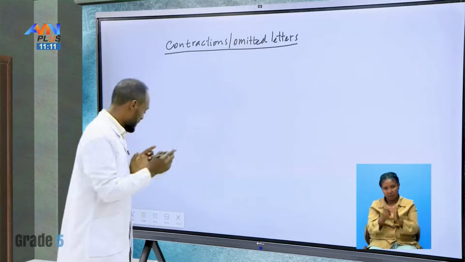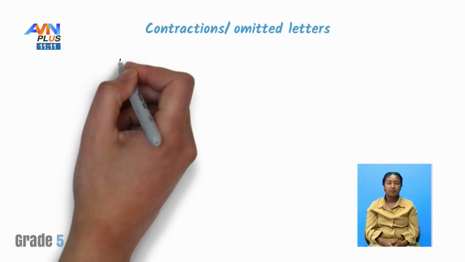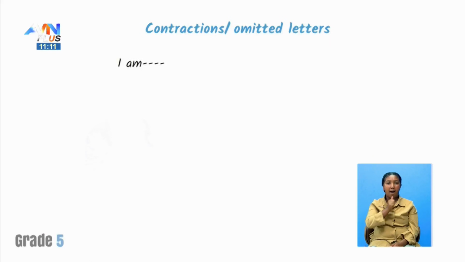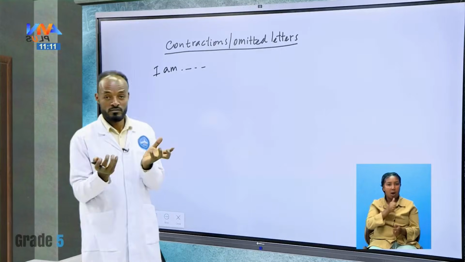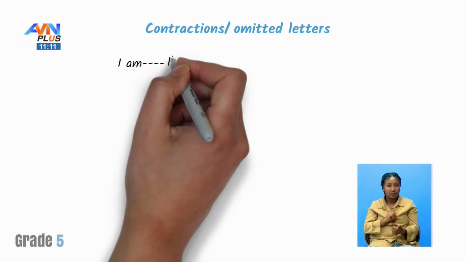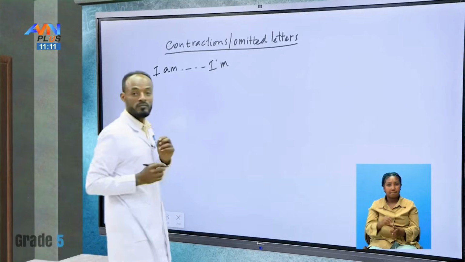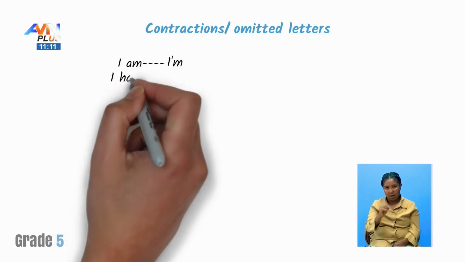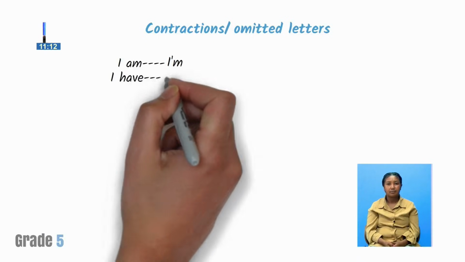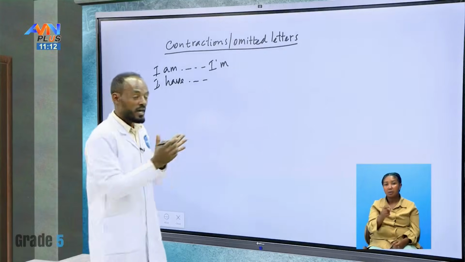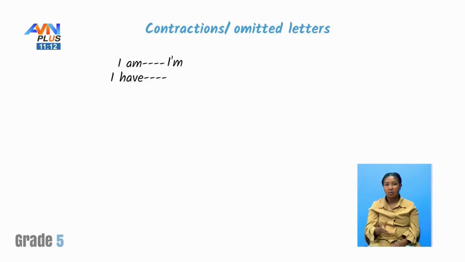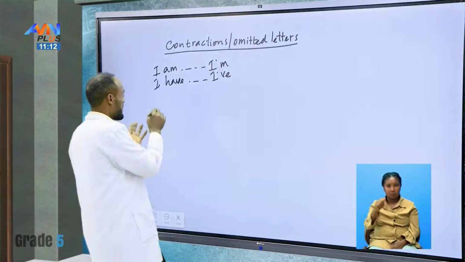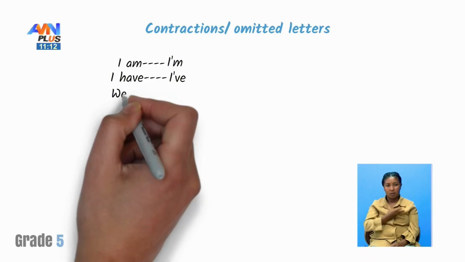For example, the word I'm was a contracted form of I am. That is, 'm here. What about I have? I've. Another: we are.